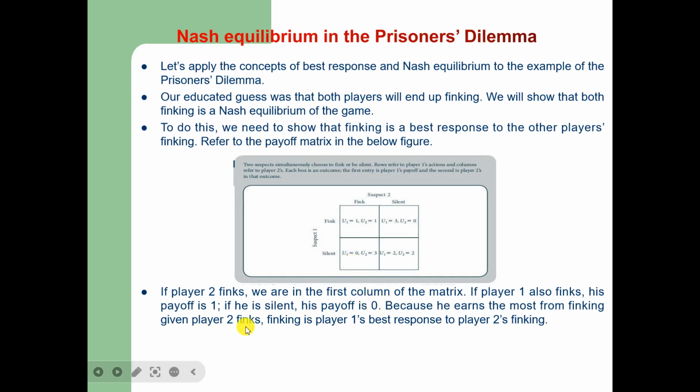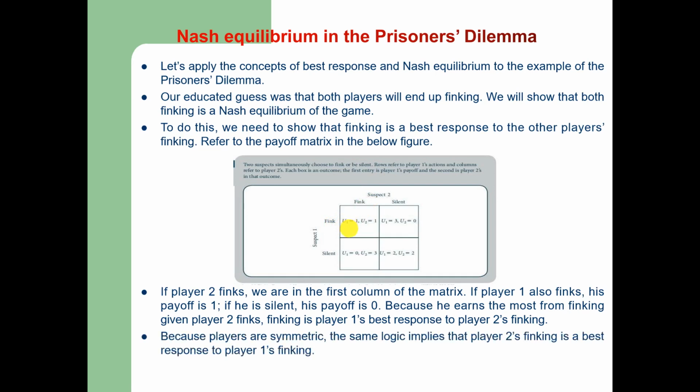Given player 2 thinks, thinking is player 1's best response to player 2's thinking. So when suspect 2 thinks, then suspect 1 will think, because that is the best response. In this case, his utility is equal to 1, but here his utility is equal to 0. So in case suspect 2 thinks, then suspect 1 will think also.